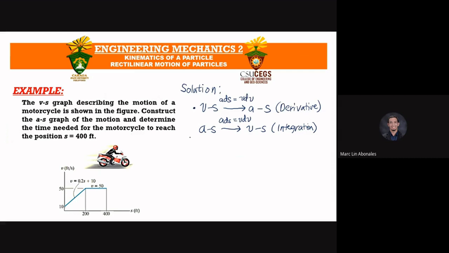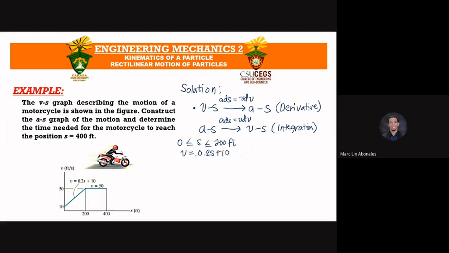So here, we actually have two functions. The first one represents the distance from 0 to 200 feet as shown in the graph. So that is v is equal to 0.2s plus 10.